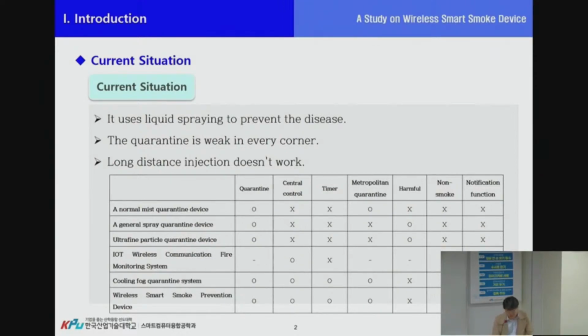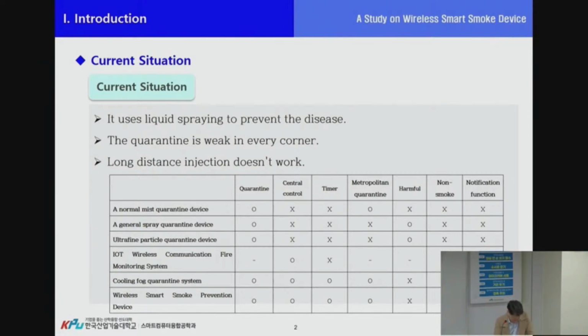Look at the picture for your reference. Abnormal current device and other device, 6 equipment for your reference. Current and central control, timer, metropolitan, current, harmful smoke, notification function.